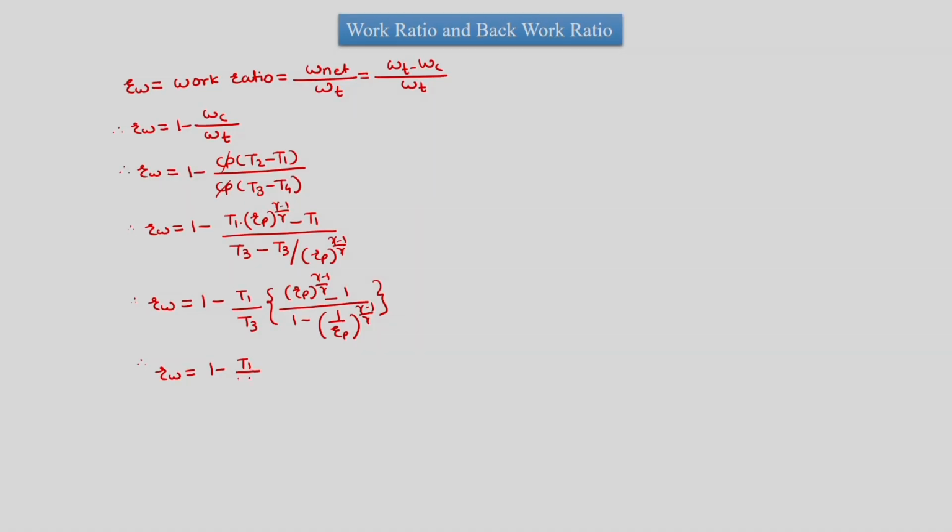So Rw is equal to 1 minus, from the numerator we can take T1 common, from the denominator we can take T3 common, and then we have Rp raised to gamma minus 1 upon gamma, minus 1, divided by 1 minus 1 upon Rp raised to gamma minus 1 upon gamma, and this leads to Rw is equal to 1 minus T1 upon T3 into Rp raised to gamma minus 1 upon gamma, which is nothing but Rw is equal to 1 minus Rp raised to gamma minus 1 upon gamma divided by beta.